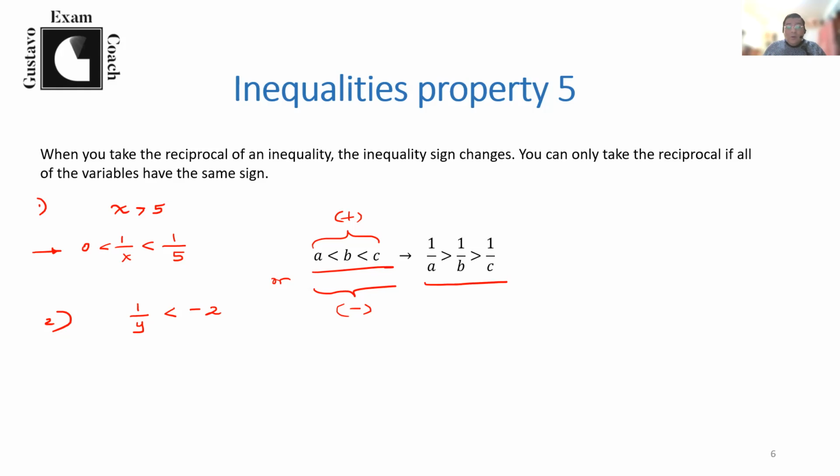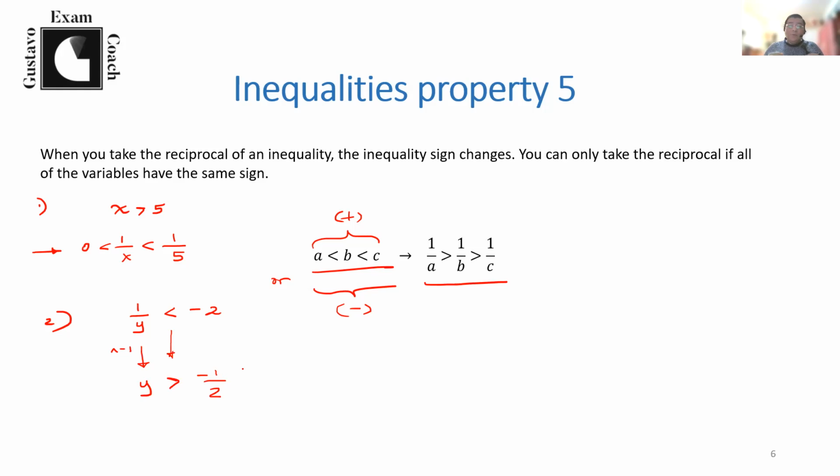So what about the inverse of 1 over y? If you invert this, you would have y, and the inverse of -2 would be -1 over 2. And the relationship would change.